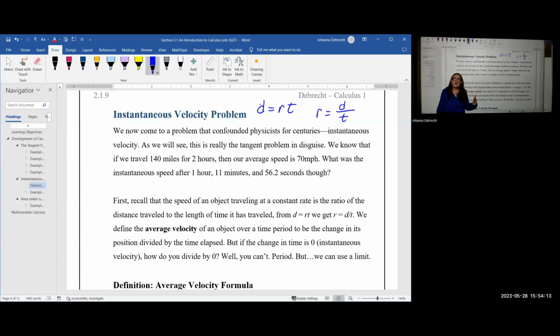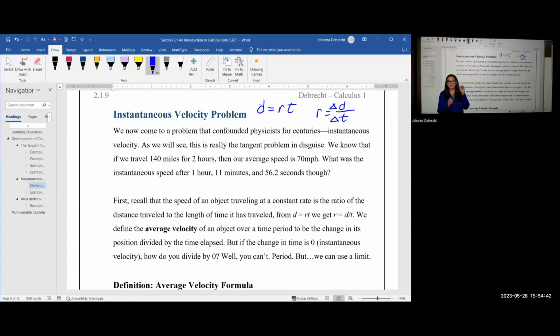But what are you doing exactly 1 hour, 2 minutes, and 32.8 seconds into your trip? What is your speed at that moment in time? Well, the problem is when you're looking at this formula up here, the change in distance divided by the change in time. Well, if I'm talking about 1 instant in time, what's the change in time?